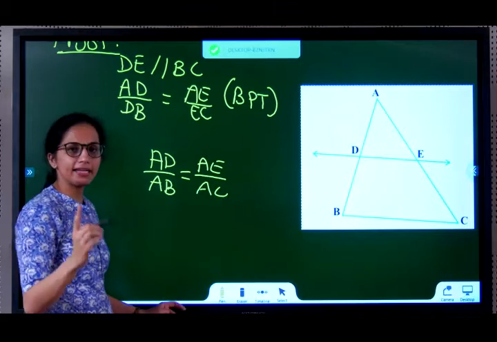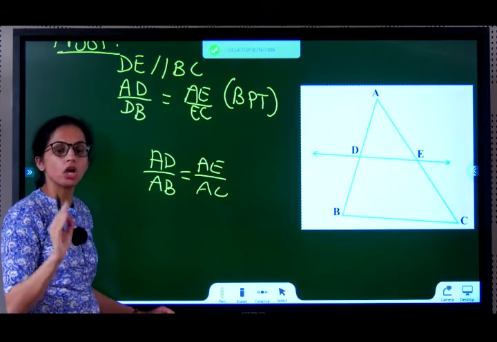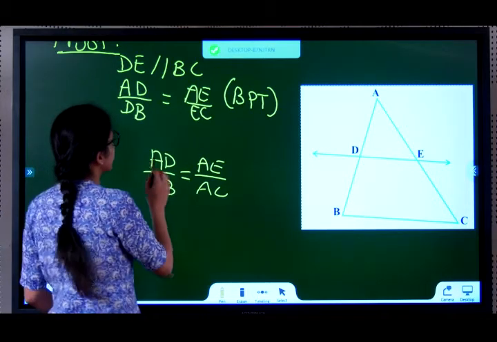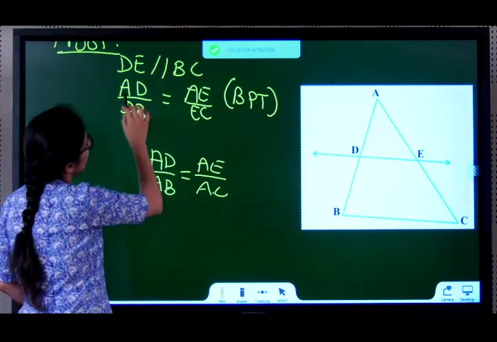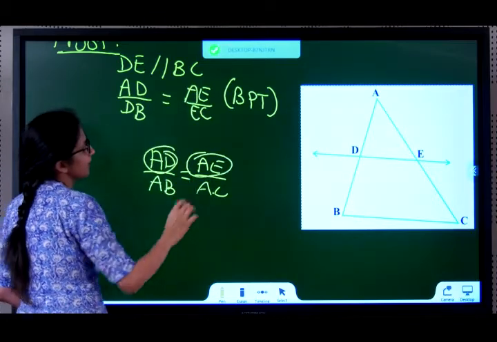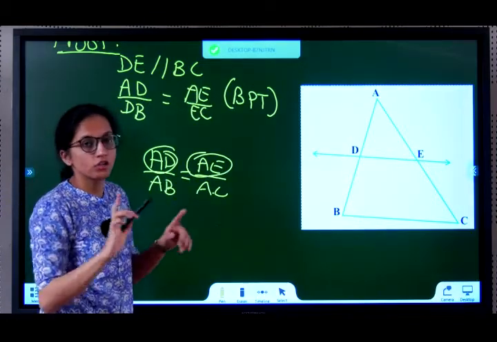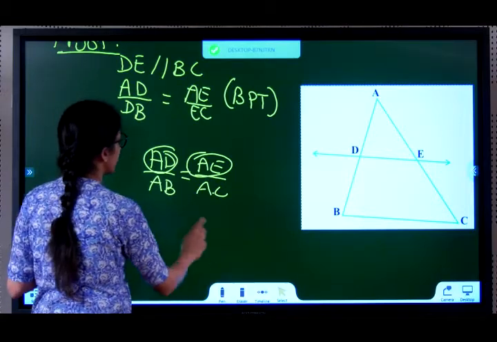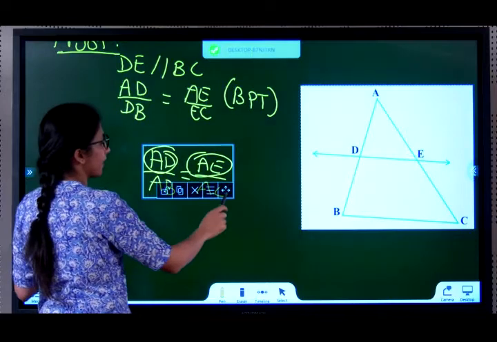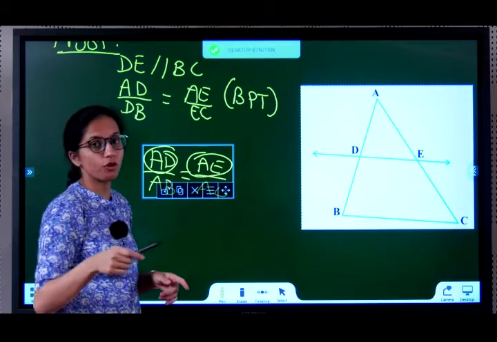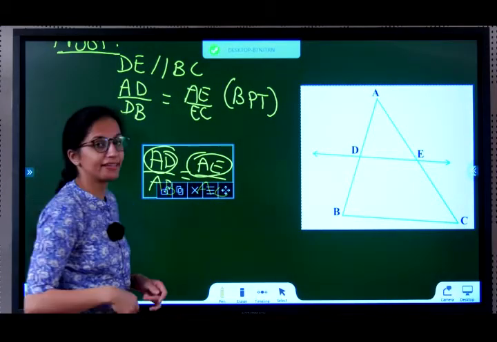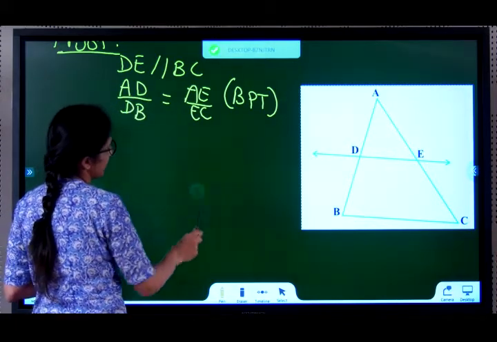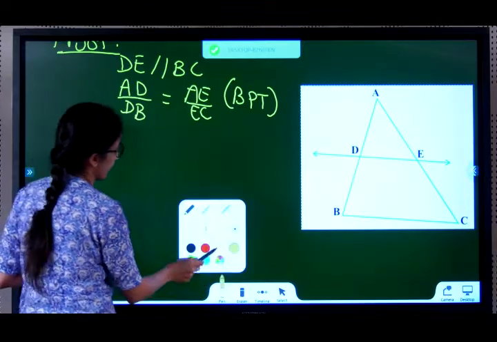Please remember, while adding 1, the denominator does not change. So they want AD by AB, AE by AC. Out of that, you already have AD and AE. You don't want to change that. If you don't want to change that term, keep it in the denominator. So in the note, I did 2 parts, the left part and the right part. Which one will you follow? You'll follow the second part, taking reciprocal. Why? Because they want to keep AD and AE, so you have to send them to the denominator.